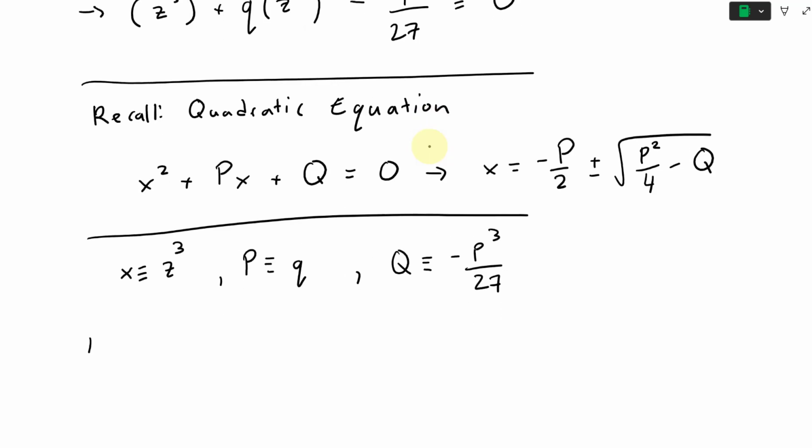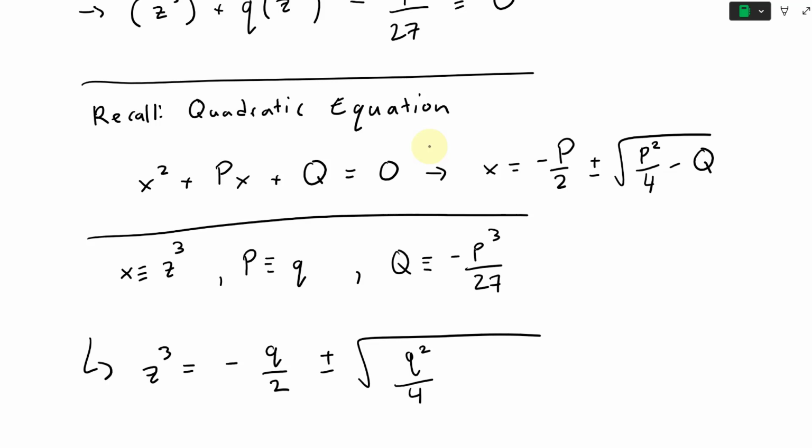So what this means is that z cubed is equal to negative p divided by 2, so that's going to be q divided by 2, plus or minus square root, and now this p squared divided by 4, that's going to be our q squared divided by 4, yeah, not 2.